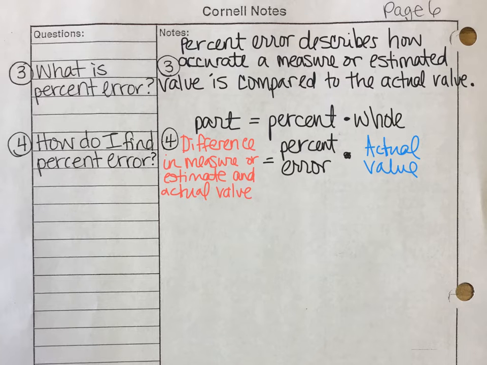That will represent your part. So you're still going to subtract. That part is still equal to the percent error times the whole, and this time the whole is the actual value.